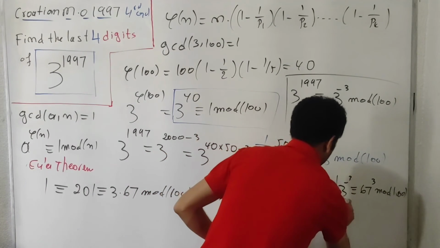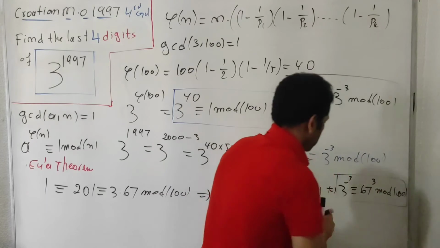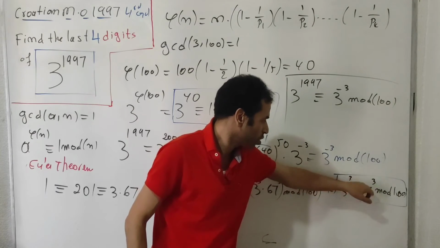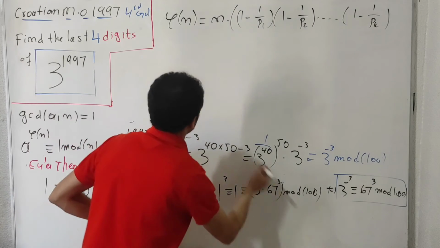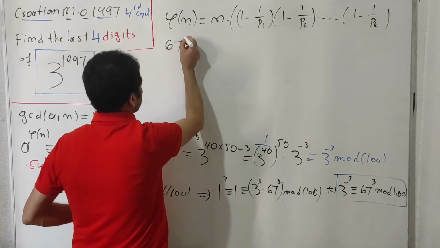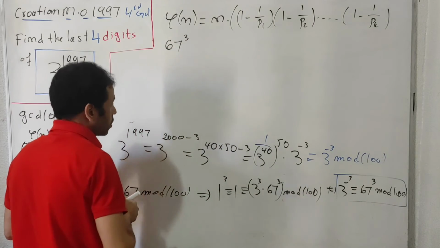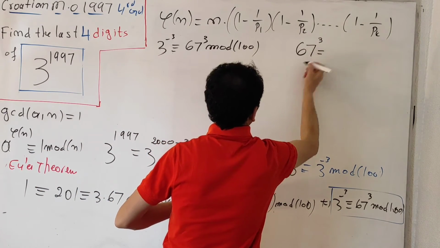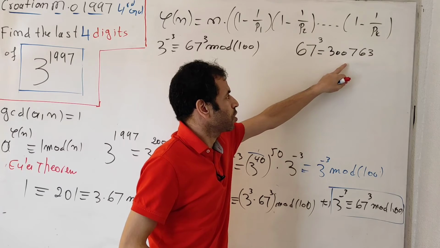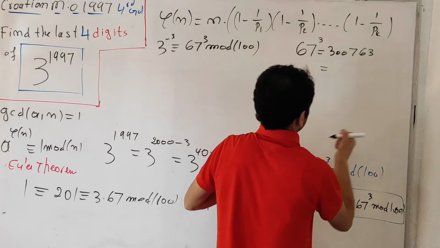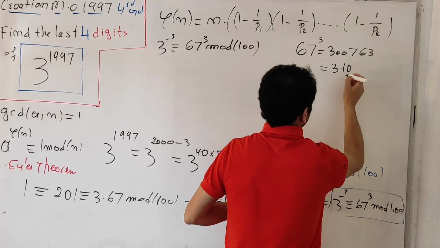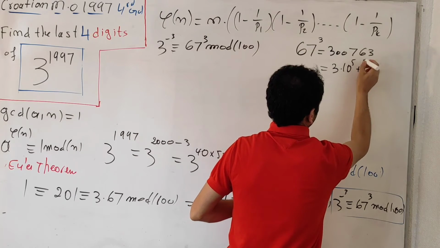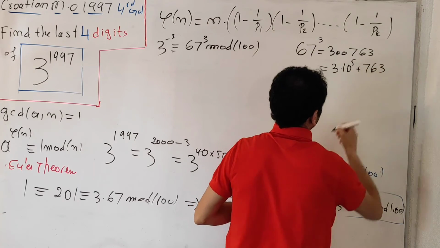Now I have ended with this expression. Now I'm going to calculate 67 to the 3. 67 cubed is 300,763. This is the same as 3 multiplied by 10 to the 5th, plus 763 as a remainder.